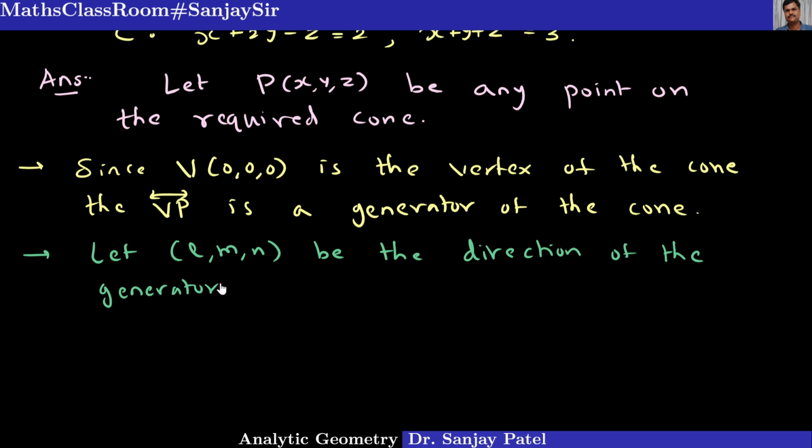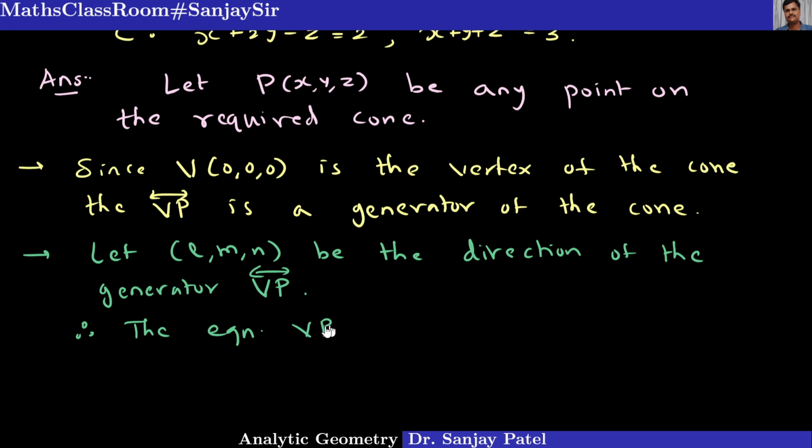And remember, this LMN is not fixed, it is arbitrary. So LMN is the variable direction of the generator VP, because line VP is not constant, it is not fixed.